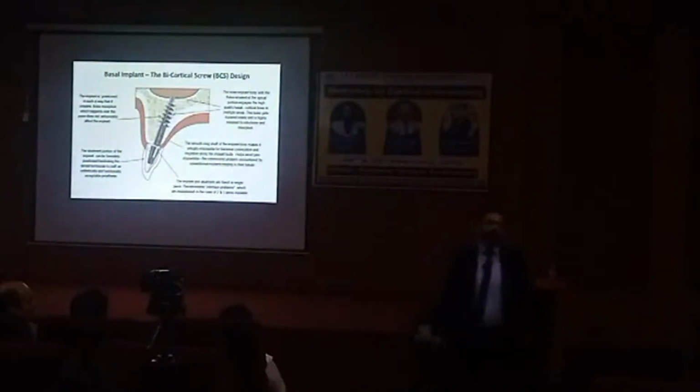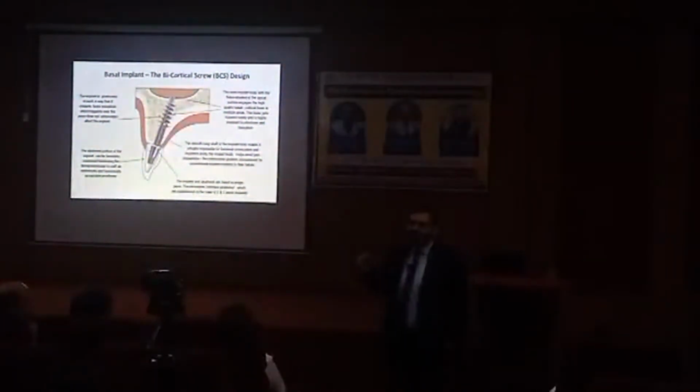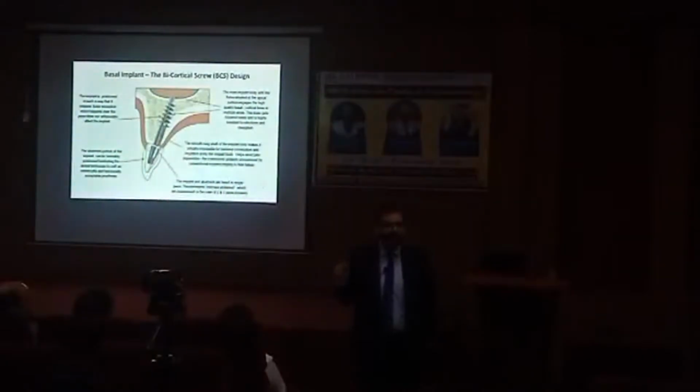Apical engagement of the implant, and to be specific, which bone? Cancellous. First cortical. That is your first cortical bone, where you get the initial engagement for primary healing. That is here, the first cortical. But what is our target? It is here.